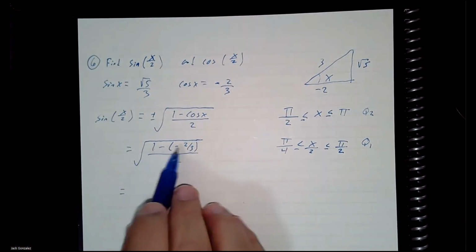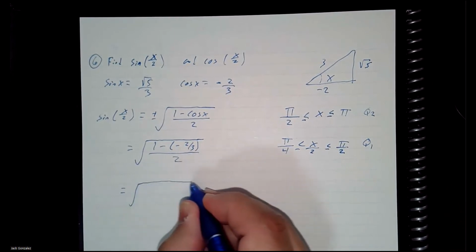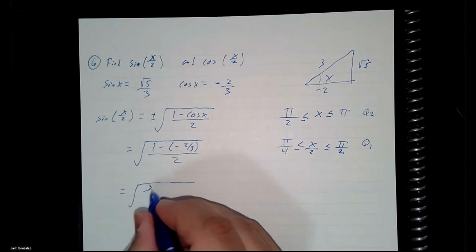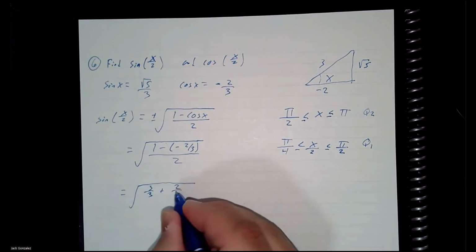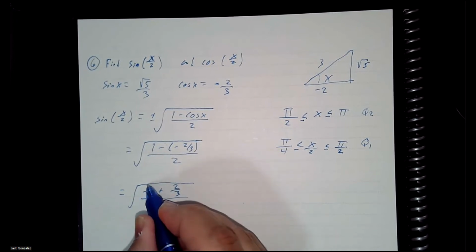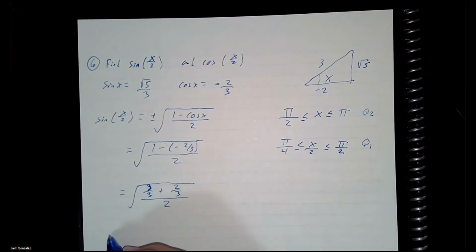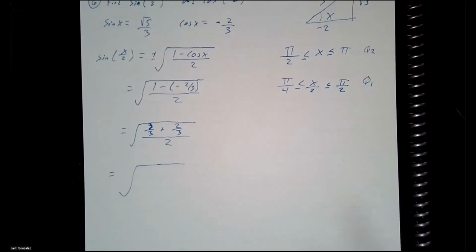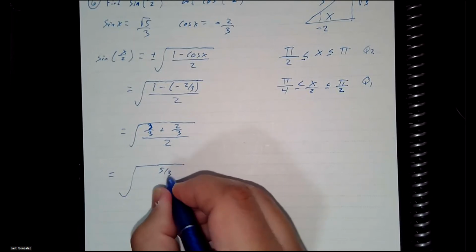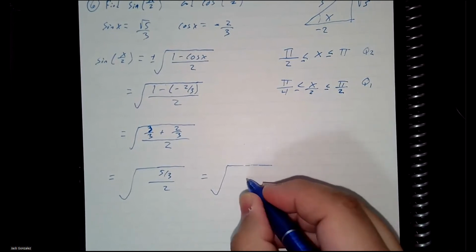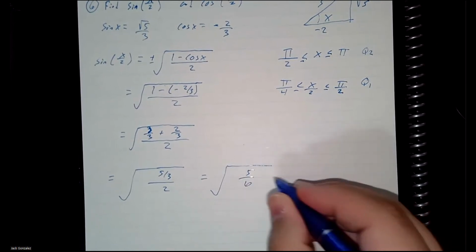Add these two fractions. That'll be negative negative, so that'll be 1 is 3 over 3 plus 2/3, over 2. Once you get the common denominator up here, then you add those together and you get 5/3 divided by 2, which is 5/6.